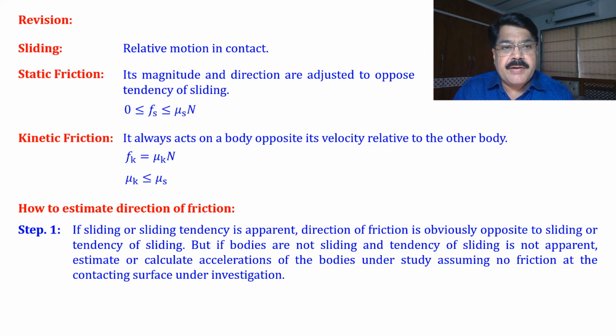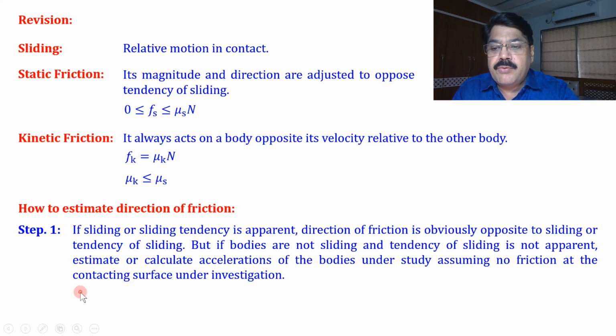Sometimes it will be difficult to estimate the tendency of sliding. In which case, what is recommended? The most straightforward method is to calculate the accelerations of the bodies under study, assuming friction to be absent at the contacting surfaces. In this way, you will be able to find the accelerations.